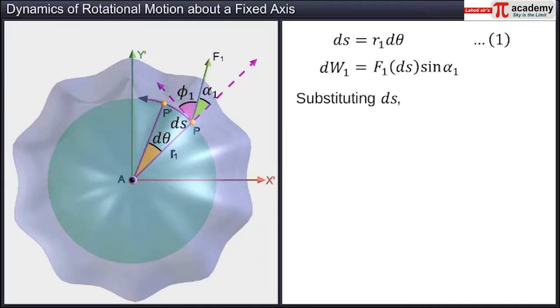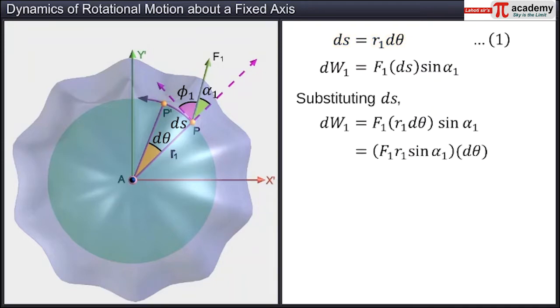Substituting the value of ds from equation 1, ds is equal to r1 d theta, we get dW1 is equal to F1 into r1 d theta into sin alpha 1, which is equal to F1 r1 sin alpha 1 into d theta.